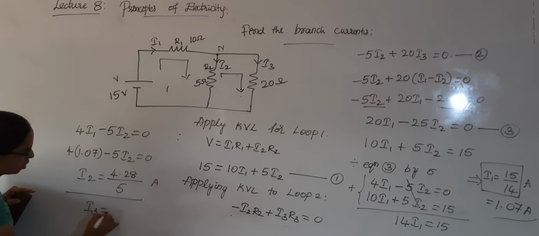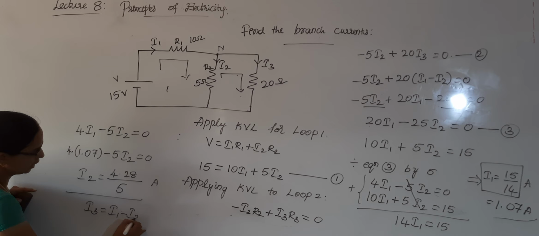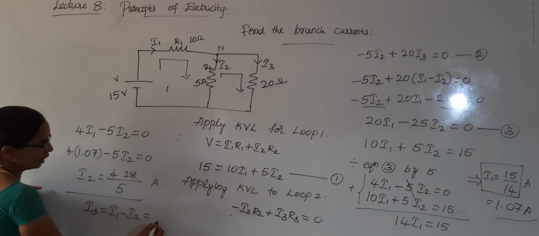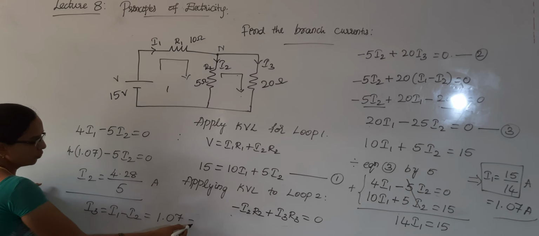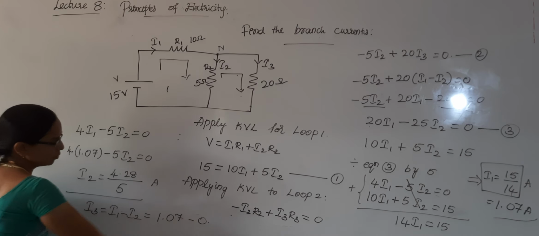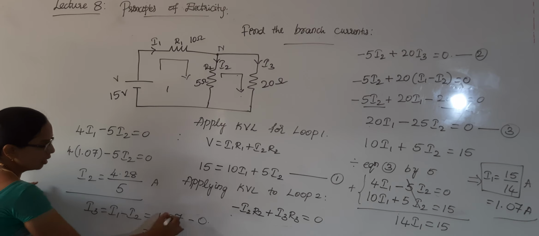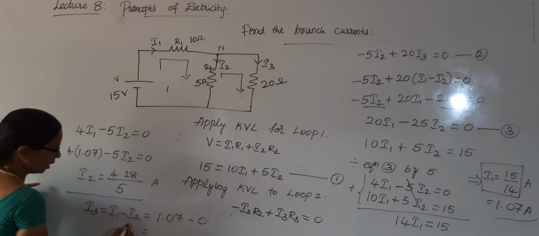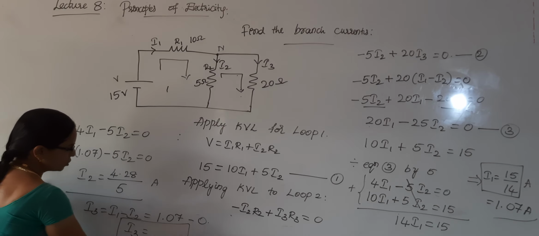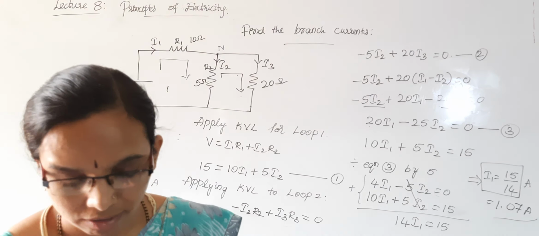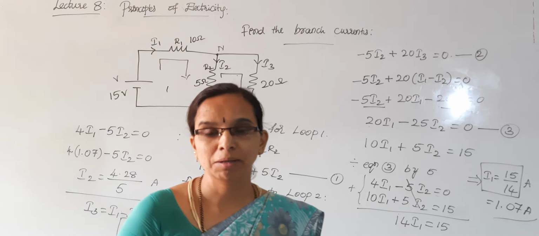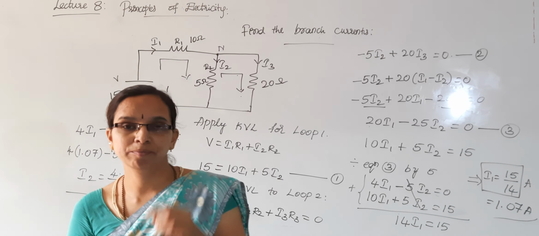I3 is equal to I1 minus I2. Substitute the value of I1 here and also substitute the value of I2, something 0 point something it will come. Subtract it and you will get the value of I3. I should get the value of I3 through message by evening.